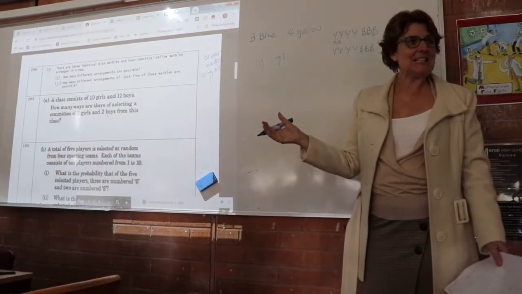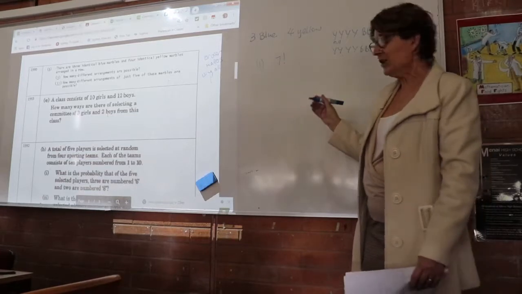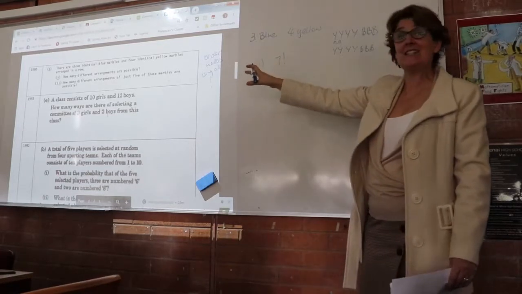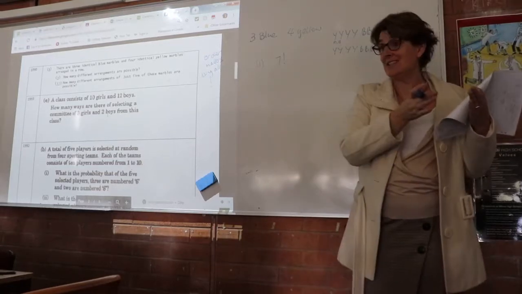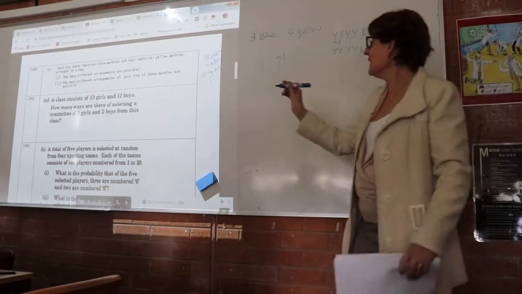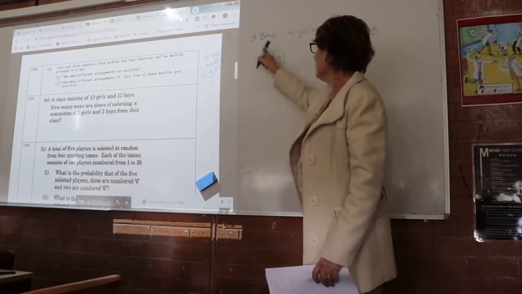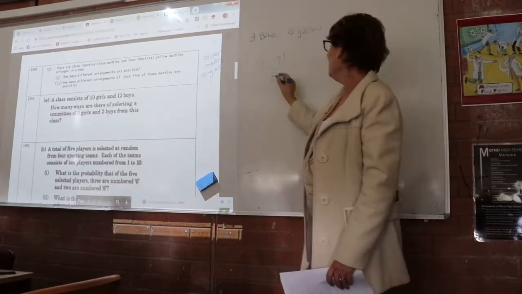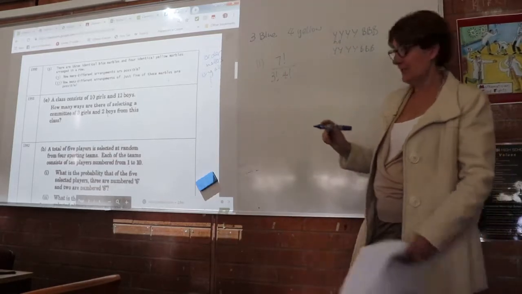Which you can see it's not. Miss, how about you write yellow 1 to yellow 4? We could, but they're saying that they're identical. It's just like if you've got a word and you've got repeated letters in that word. So we have to now divide by 3 factorial repetitions of the blue and 4 factorial repetitions of the yellow.